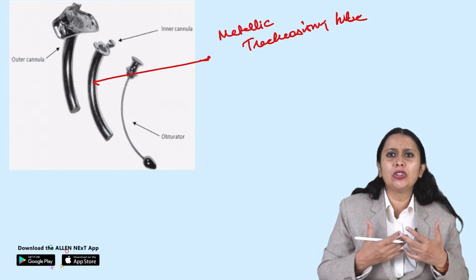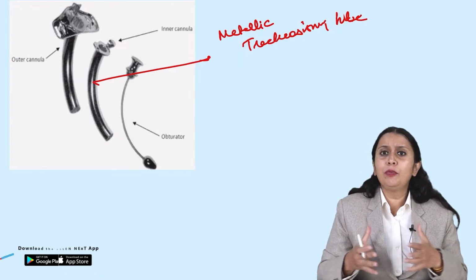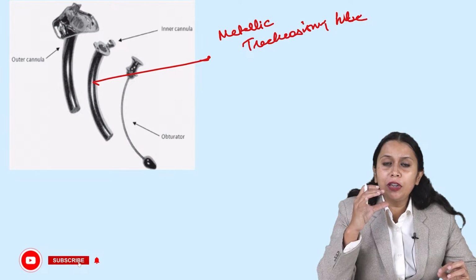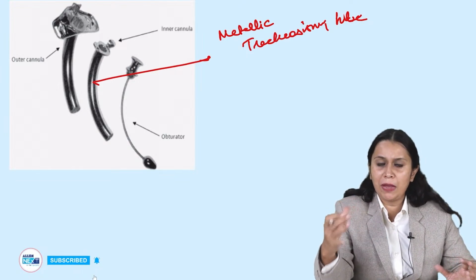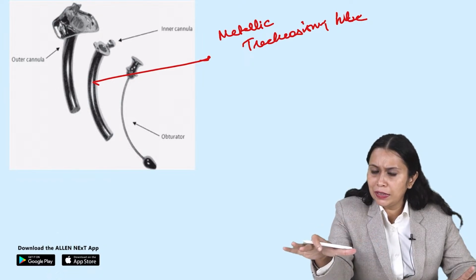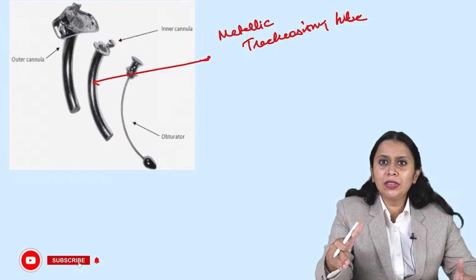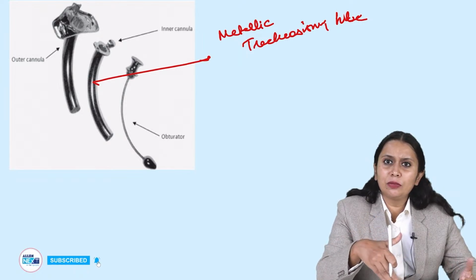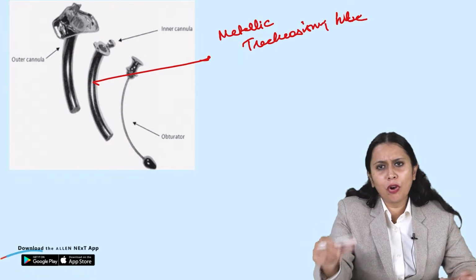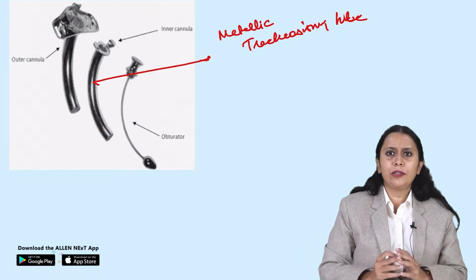Due to some obstruction or some reason, the patient is unable to maintain his airway, so we put a metallic tube for the long term, creating an unobstructed passage for the air to go. The patient can breathe on his own, is not on a ventilator. We just have to maintain the patency of the airway. Then we put this metallic tracheostomy tube. This can be removed, washed, and again put in the patient. You're getting my point? So these are the different types of tracheostomy tube.